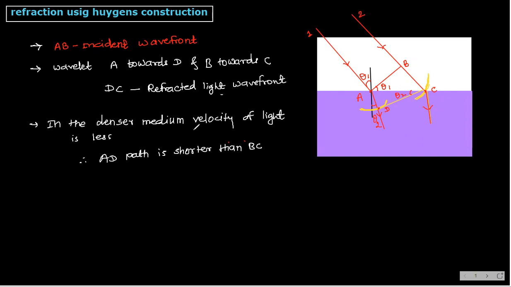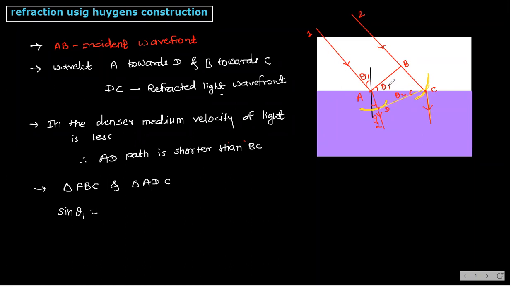Okay. Now let's see the triangle ABC and triangle ADC. AC is common now. So see now, sine theta 1.